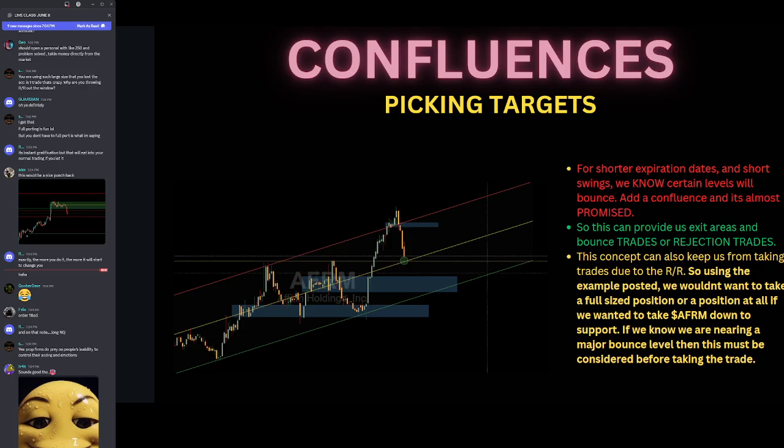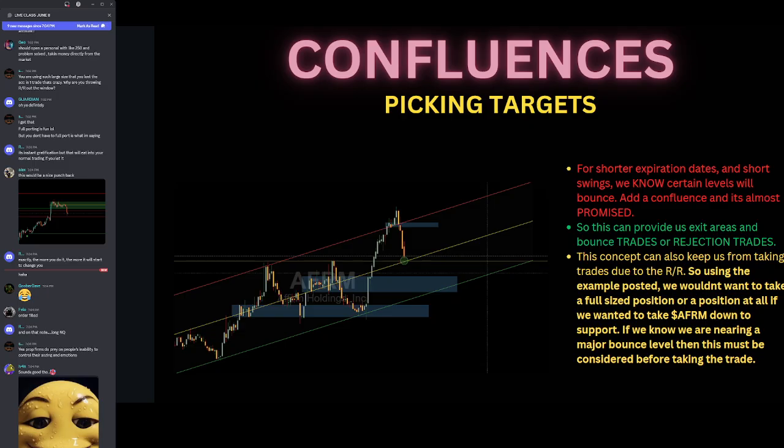It needs to be empty space, because otherwise you're dealing with every single tick, every single resistance above you, every retest is going to destroy your contracts. So this concept can also keep us from taking trades due to risk to reward.